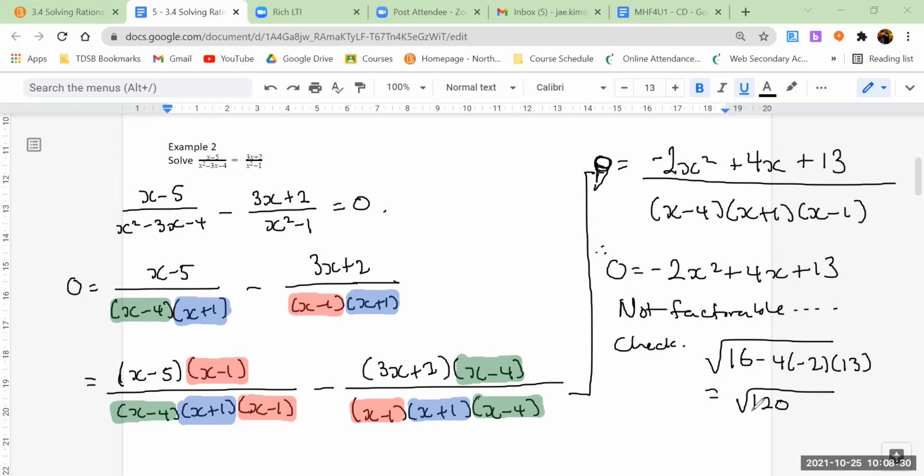No, I got 120. So x is going to be negative b, so negative 4 plus minus root 120 divided by 2a, so divided by 16.